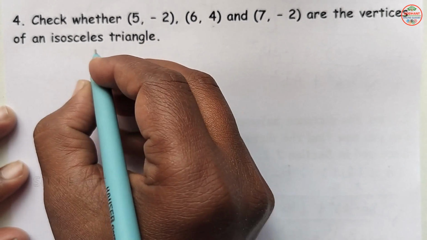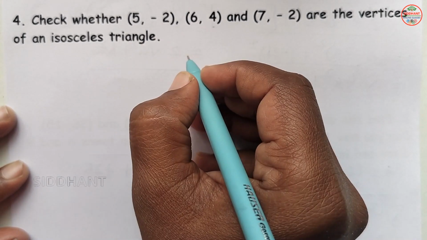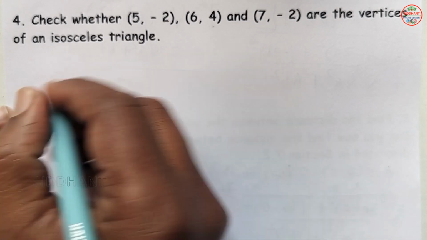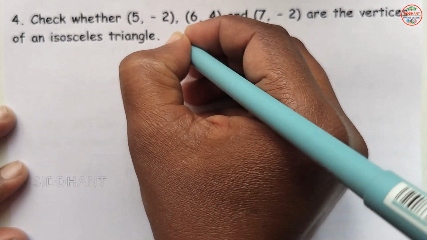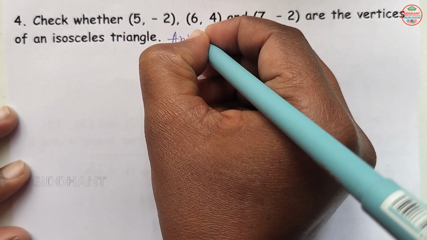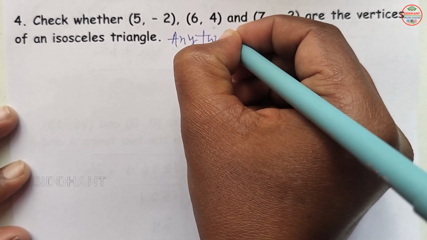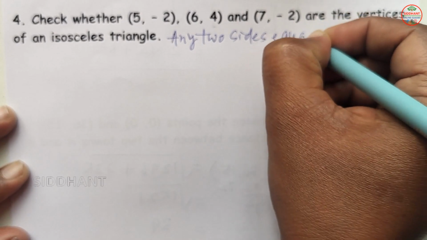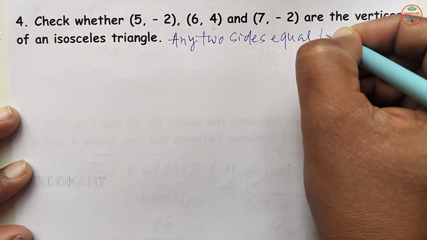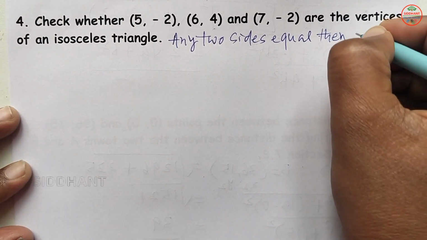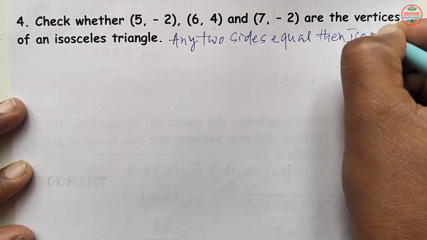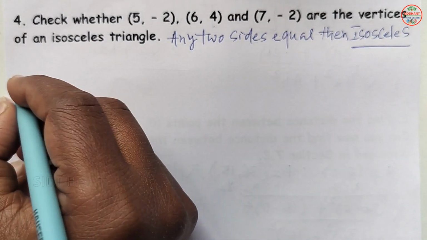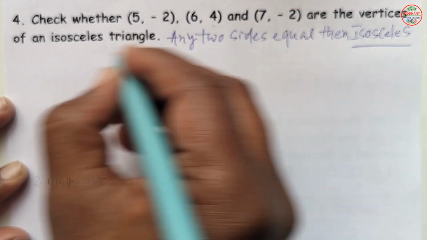If any two sides are equal in a triangle, then we can say that it is an isosceles triangle. So let it be A, B, C.